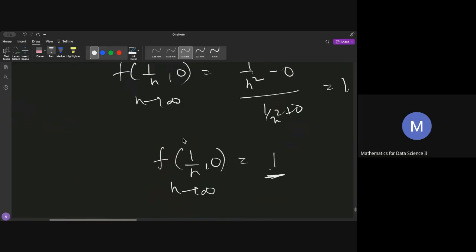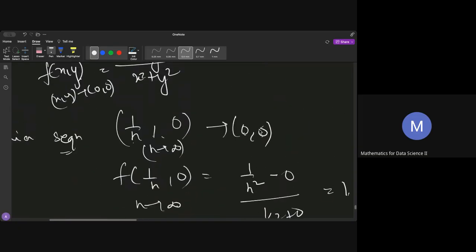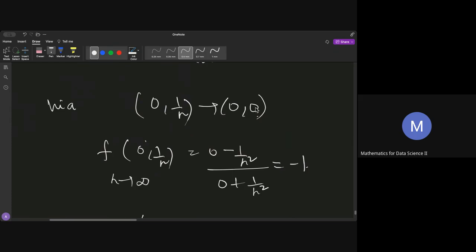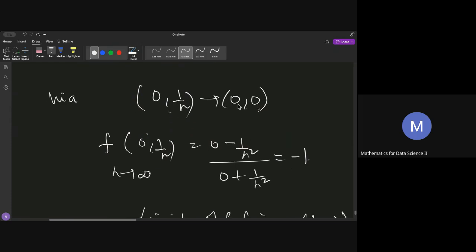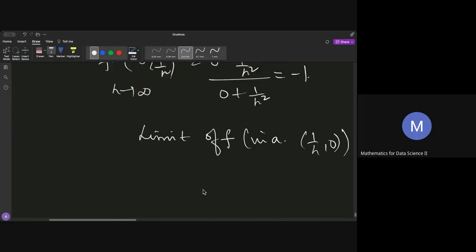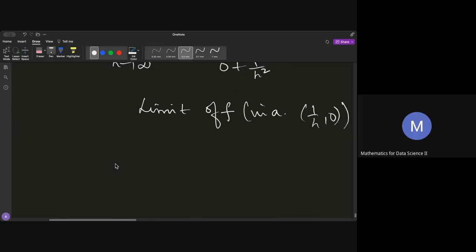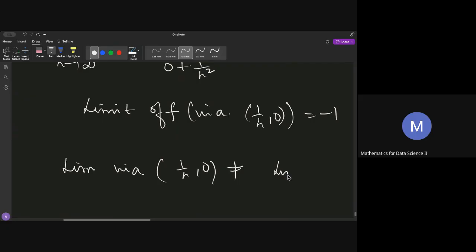This path is leading you to (0, 0), (1 by n, 0), and (0, 1 by n) is also leading you to (0, 0). But the function is giving you different limits when this tends to (0, 0) and when the other tends to (0, 0). That means the limit via (1 by n, 0) is not equal to the limit via (0, 1 by n).